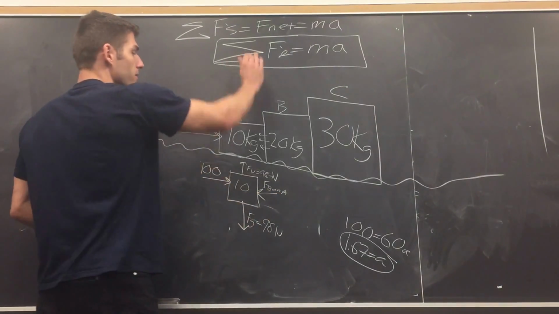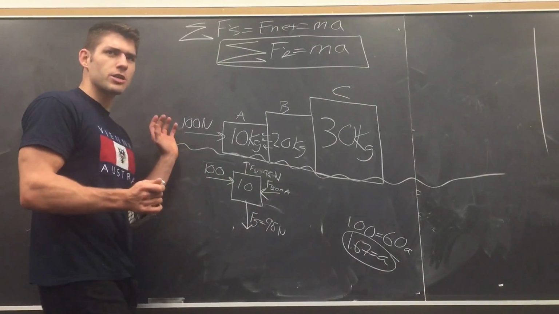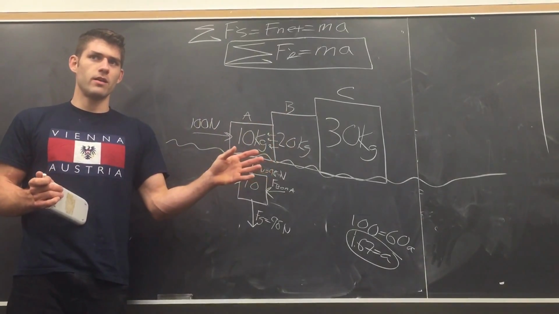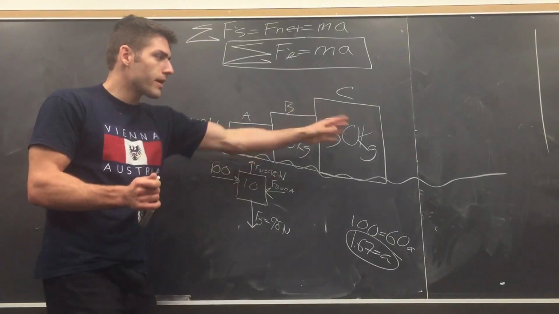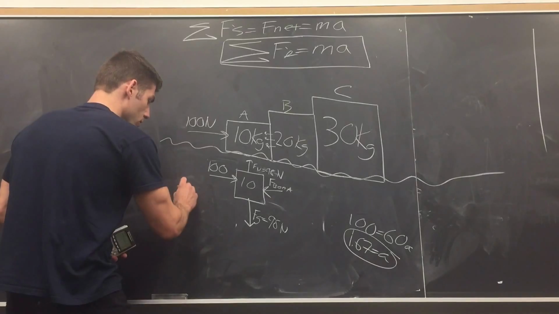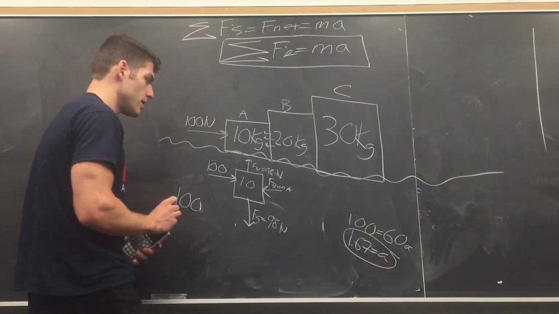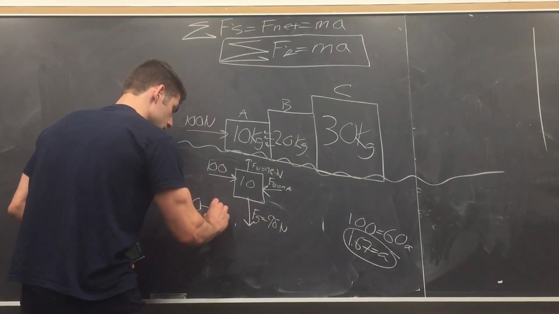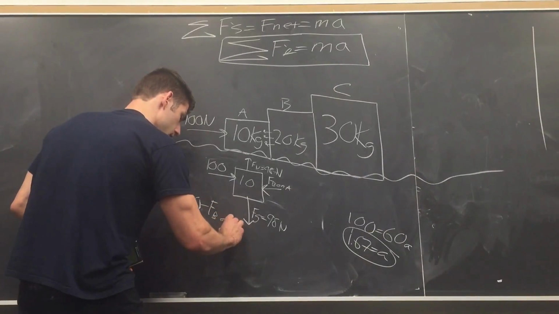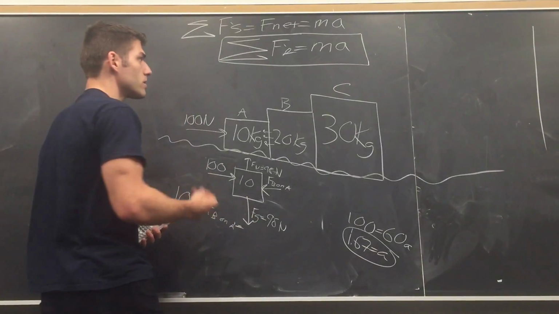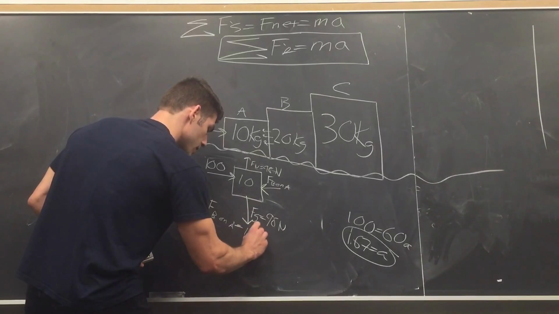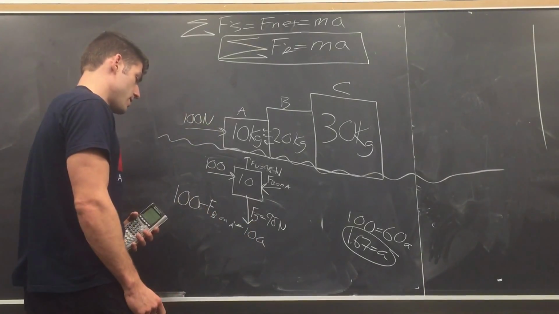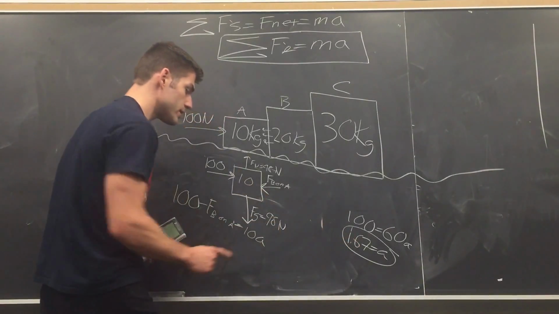So I can rewrite the sum of the forces. What direction are we assuming everything goes, right or left? Right, obviously it's probably going to go to the right if it moves at all. So we're going to say this is positive, 100 minus force B on A is equal to the mass 10 times the acceleration, 10 times A. But we know A now, we know A is 1.67.